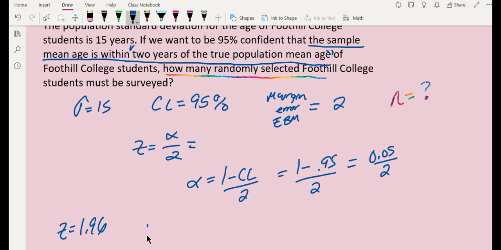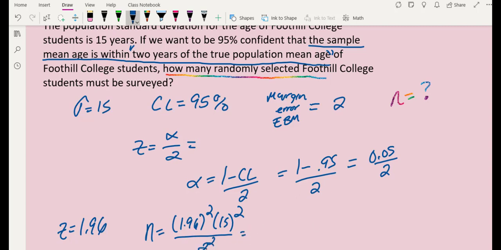So N is going to equal 1.96 squared times 15 squared divided by 2 squared.